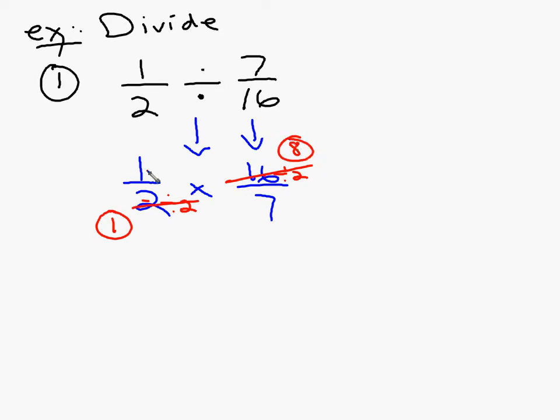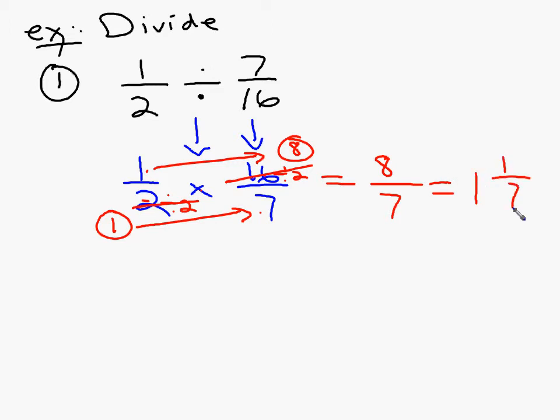I just have a 1 and a 7 here, so I can't factor anything. 1 times 8 is 8, and 1 times 7 is 7. Isn't that improper? Right? So don't I have 1 whole and 1 extra 7th? Right? 1 and 1/7. Let's do another one.